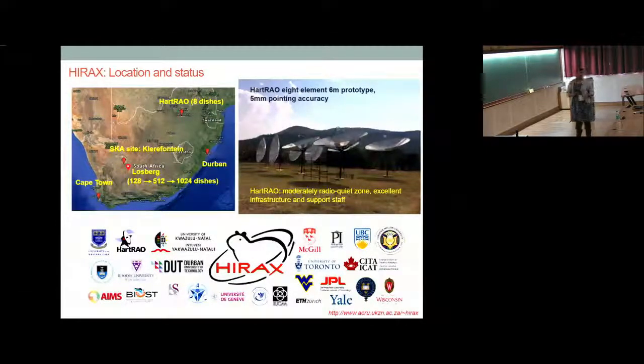That's at Losberg. We have grants to carry on making 128 dishes, and maybe John will tell you more about it. Currently, we have an 8-element prototype at Hartebeesthoek, which is about 50 kilometers from Joburg. It's a wonderful facility which has wonderful staff who have helped us to put up these 8 dishes.